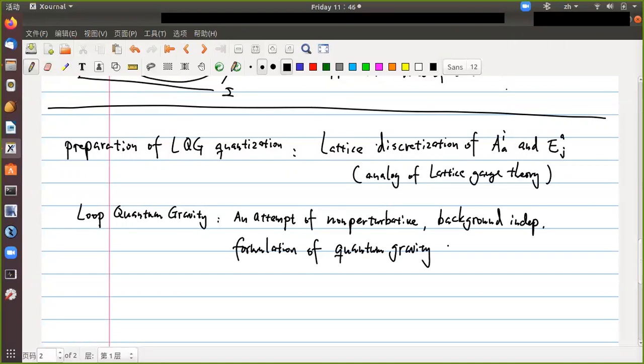There are formulations in 4 dimensions. Most of the time the most powerful formulation is in 4 dimensions, but there is generalization to arbitrary dimensions as well, so in 4 and higher dimensions.